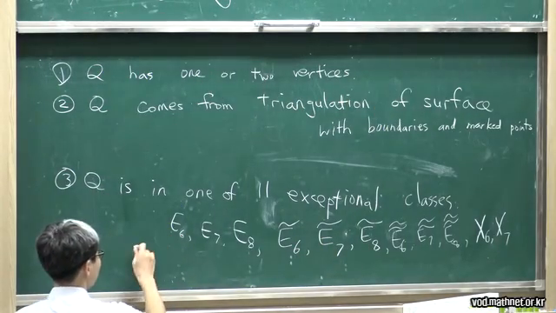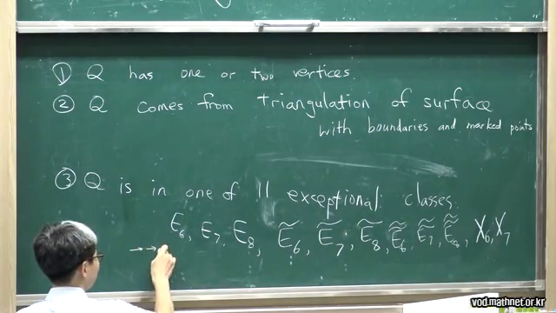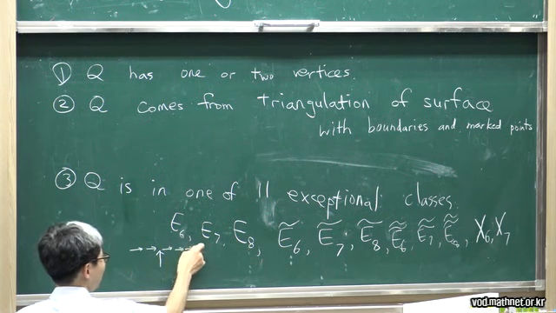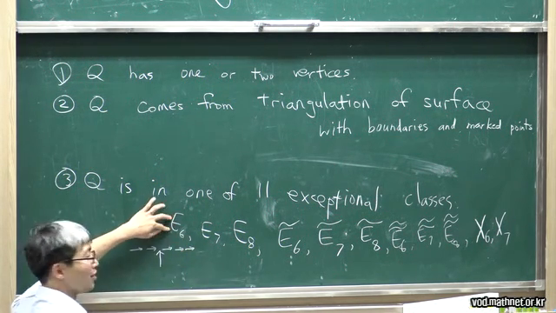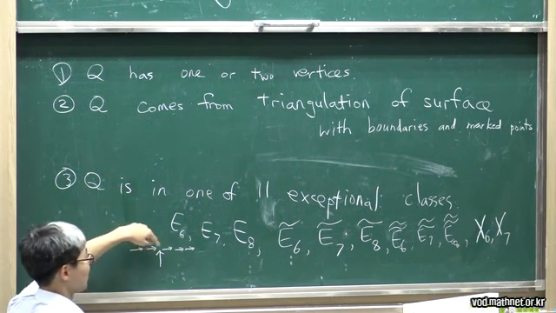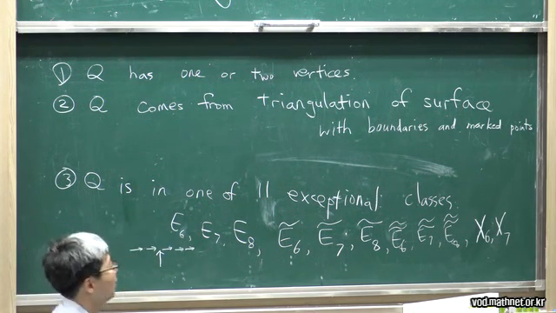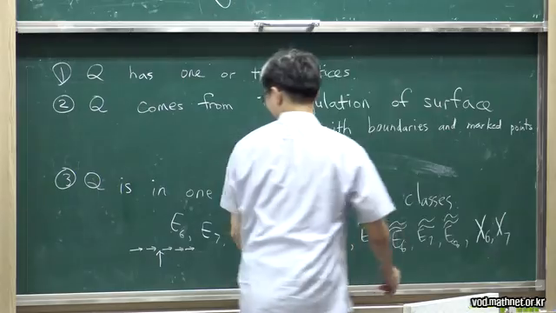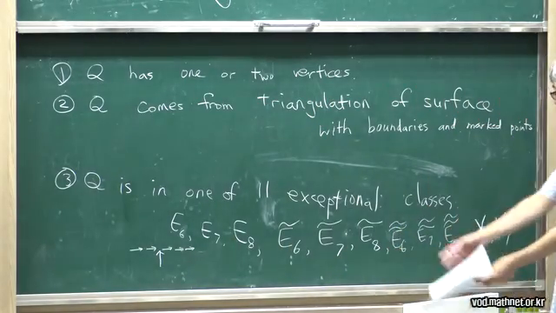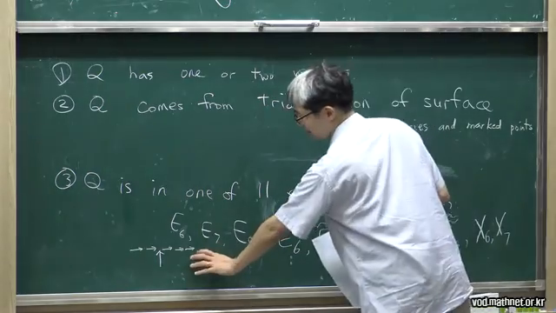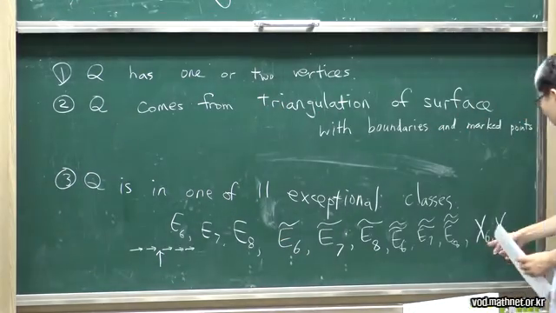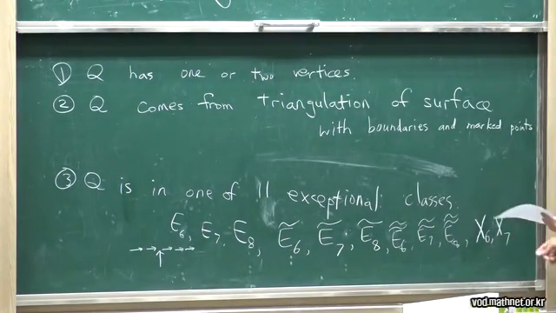E6, for example, the underlying undirected graph is just a Dynkin graph E6. You can just give arbitrary orientations on that, and the E series are similar. It looks like something like this, and X6, X7 are really exotic.